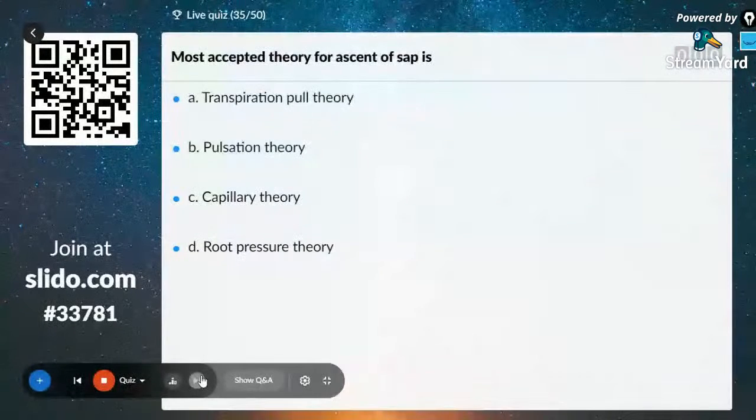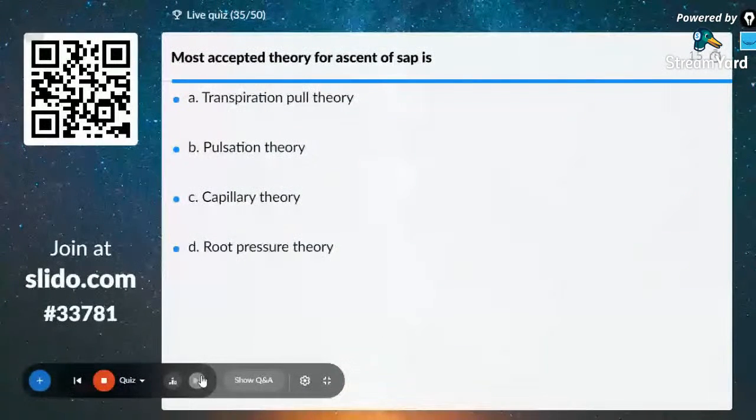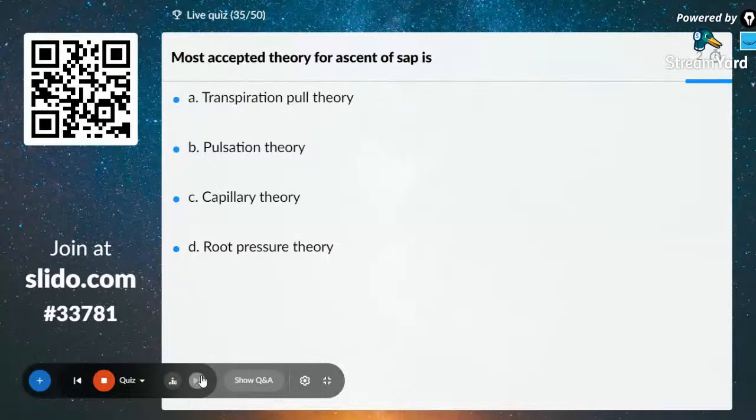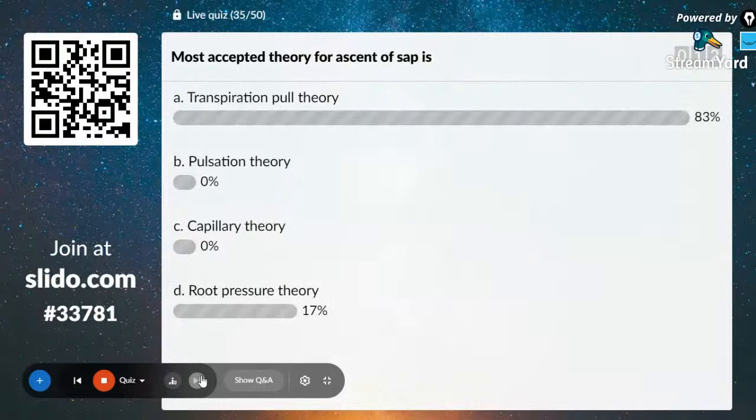Simple question. I have this question for every Slido quiz also. Most accepted theory for ascent of sap is transpiration pull theory, pulsation theory, capillary theory, root pressure theory. Yes, it is transpiration pull theory. Next question on the screen.